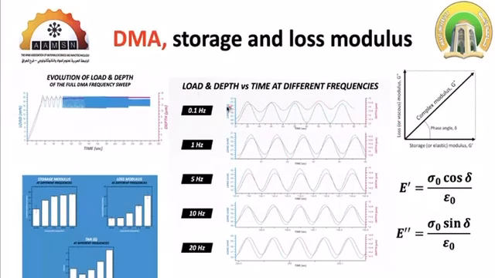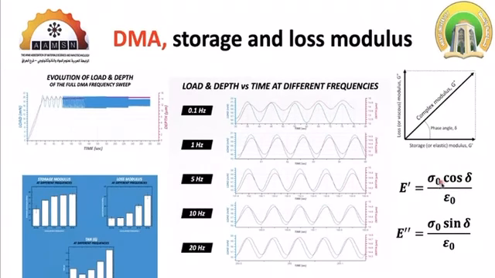The data coming out from the machine is the recording of the load and the displacement. And from recognizing the in phase and out of phase, we can determine the storage modulus and the loss modulus using this formula, which is simple.